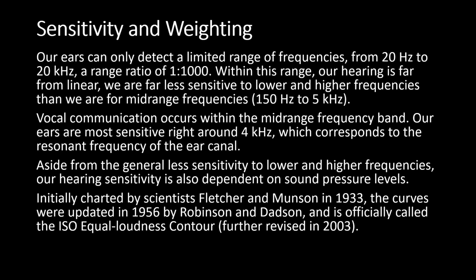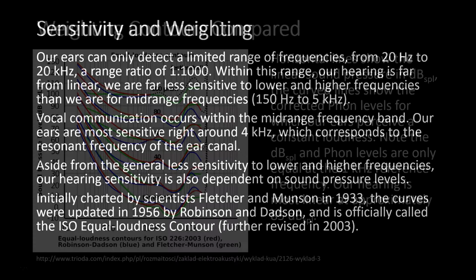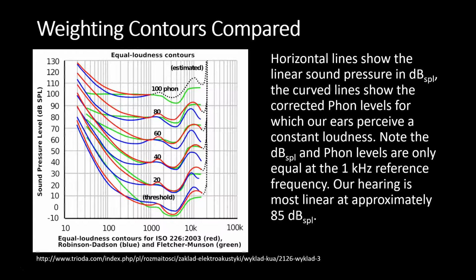Initially, two scientists, Fletcher and Munson, in 1933, came up with what we knew as the Fletcher-Munson curves. And in 1956, they were updated by two scientists, Robinson and Dadson, and they are now officially called the equal loudness contour curves. And this is what that chart looks like.